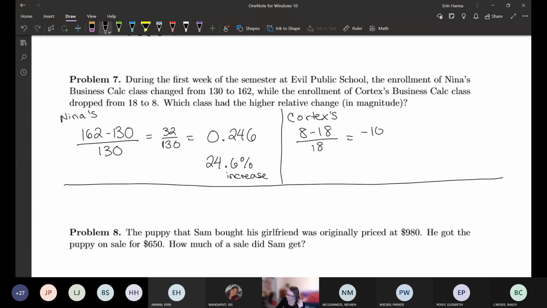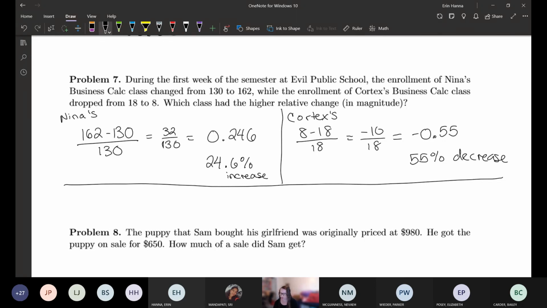So we will get negative 10 over 18, which is negative 0.55. So this would be a 55% decrease. And that's what I mean by you drop the negative, because the word decrease is telling you that it's going down, so you don't need the negative anymore.